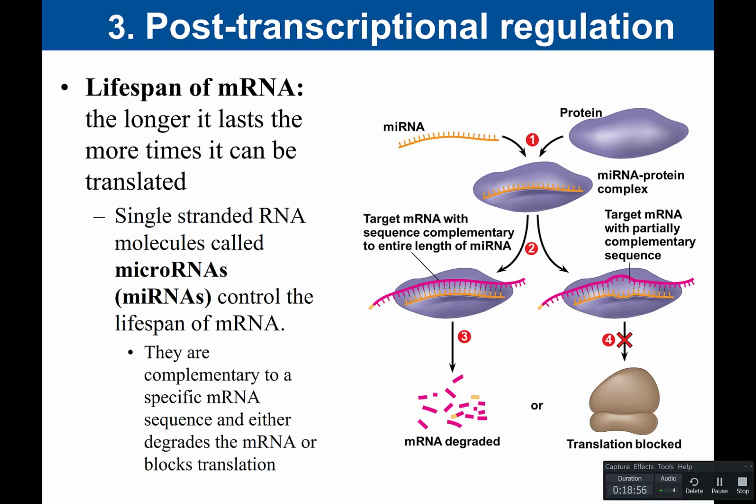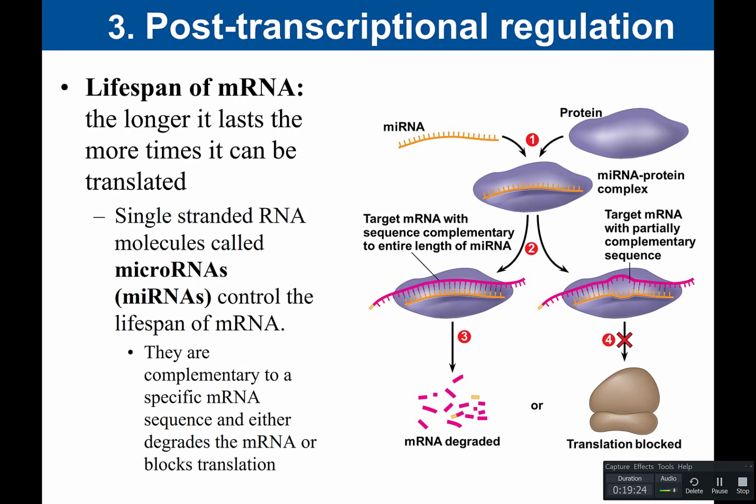One type of post-transcriptional regulation that we already talked about was alternative splicing. Another post-transcriptional regulation involves the lifespan of the mRNA, meaning how long the mRNA lasts within the cell. The longer that mRNA hangs around, the more times it can be translated, meaning it makes more protein.